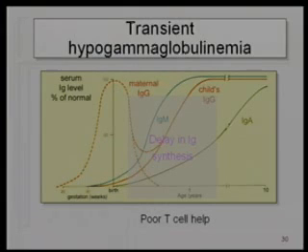Maternal has already decayed. They are not producing their own, but they catch up later on. And in this window, they are very susceptible to infections that involve antibodies, involve immunoglobulin. That means bacteria of different varieties, particularly extracellular bacteria. Okay, but they do catch up, and during that period, they can be given gamma globulin treatment.